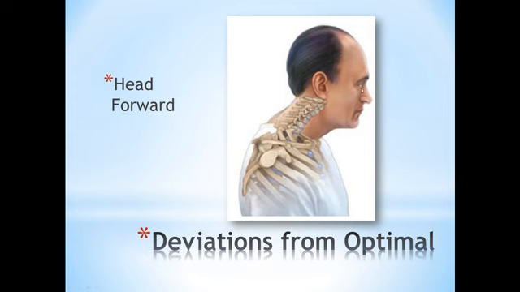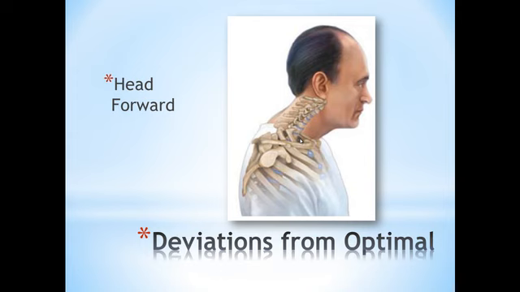We also, to keep our eyes level, end up with an excessively extended OA joint. So the atlanto-occipital joint becomes postured in this extended position.